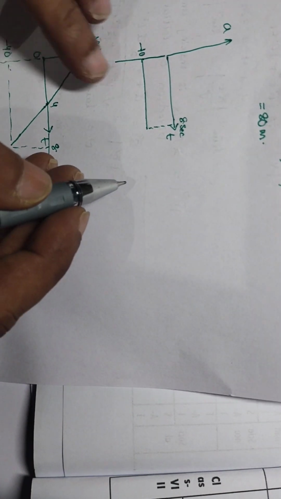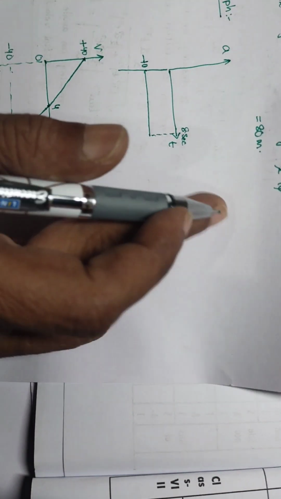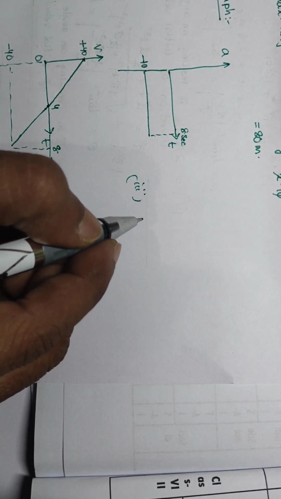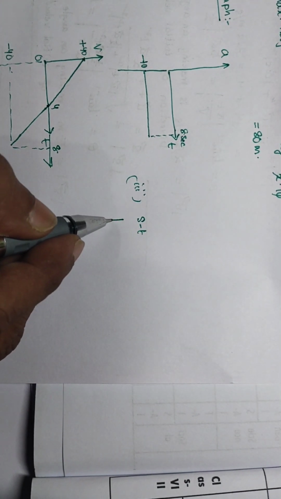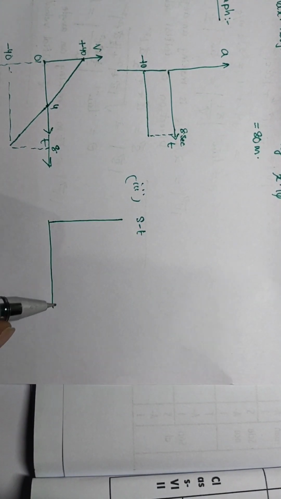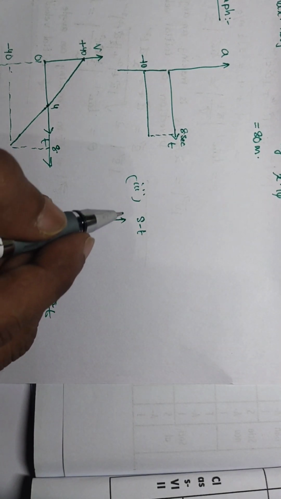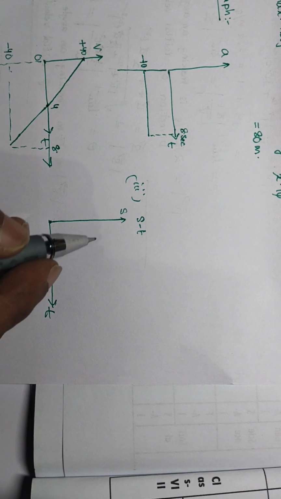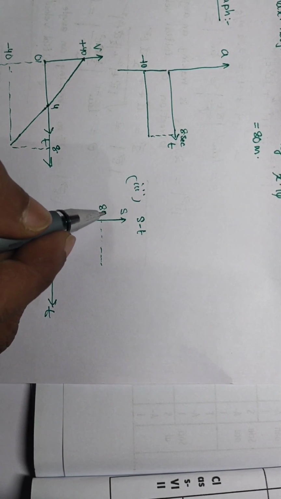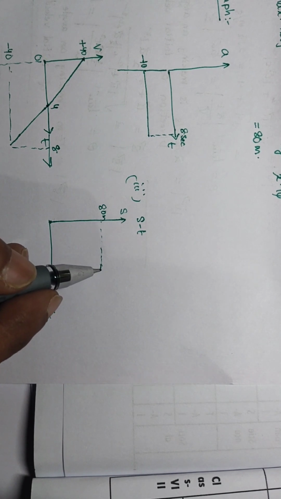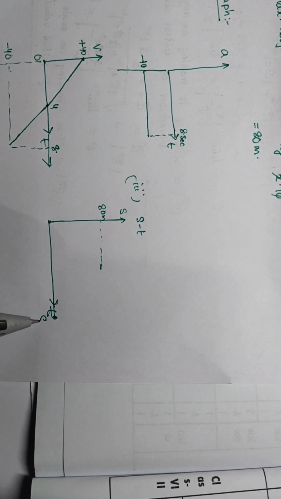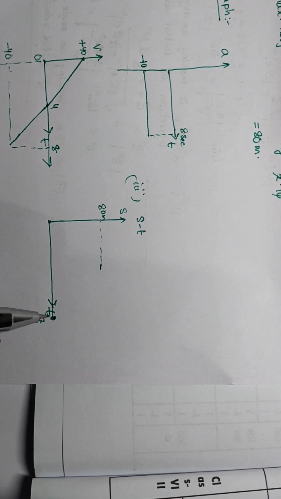And also let us see the third one, the ST graph. This is t, and this is s. If it is projected upwards, as time varies it reaches some height, that is 80 meters, and again it will come back down and at 8 seconds it comes to 0 value.